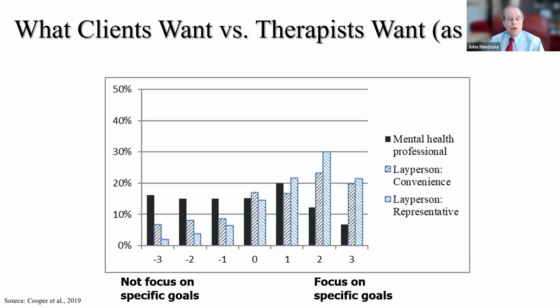In black, you can see the 7-point responses of mental health professionals. In general, again, great variety or diversity in what they want, but they're a little more toward the left, as you can see. By contrast, 2 samples of laypersons are a little more to the right. So if we intuit or assume that what we want as humans would characterize our patients, we will frequently be inaccurate.